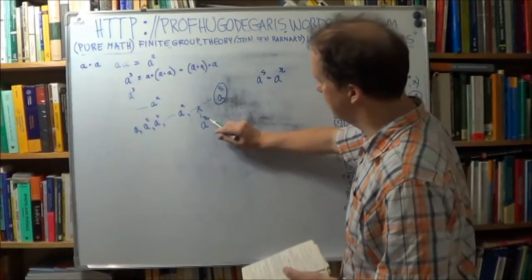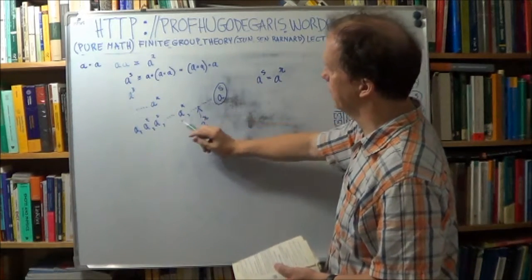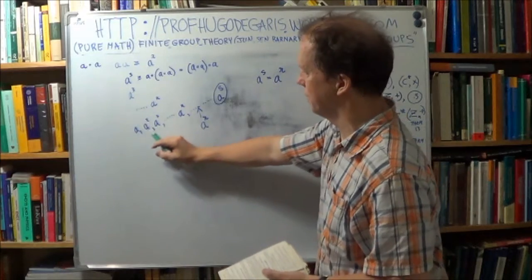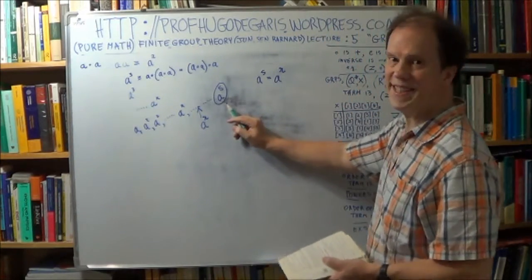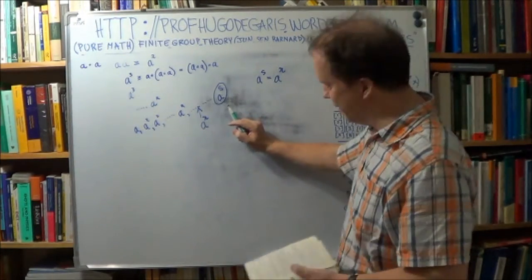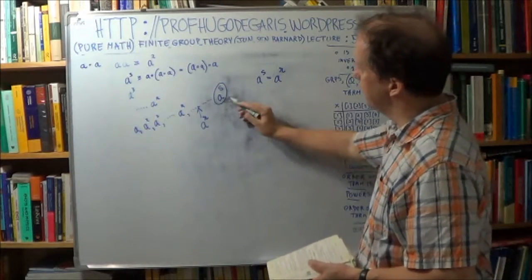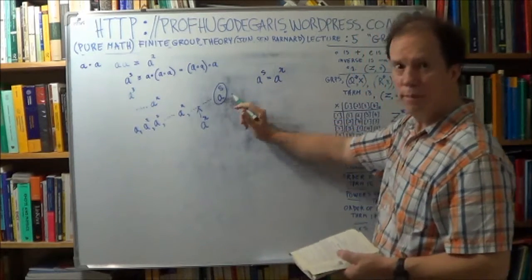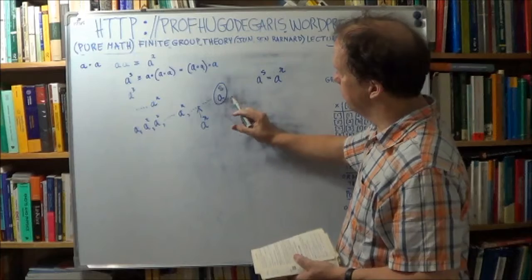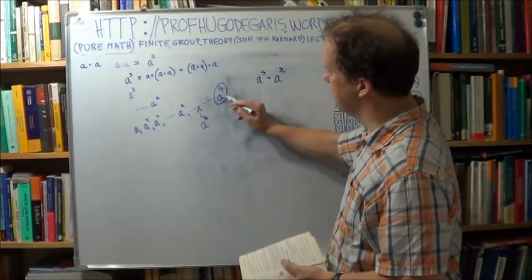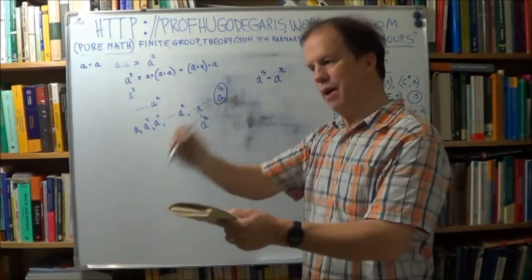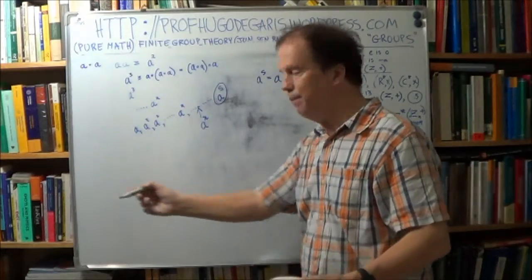So let's say this is at the R-th position, that's at the third position, second, and so on. This is at the S position, and let's say that's the first time that you get a repeated element.